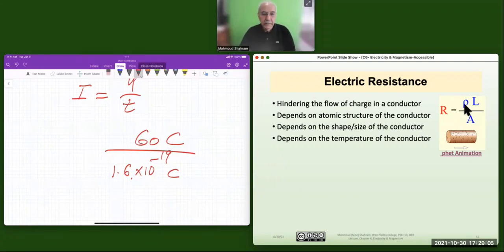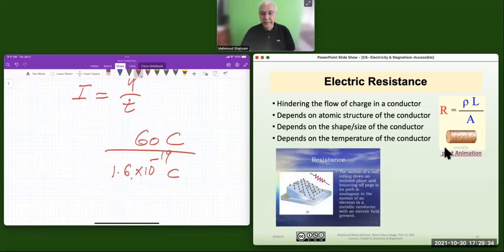Resistivity for silver is less than resistivity for aluminum, or less than resistivity for copper. Then the length of that conductor or wire, and the cross section of that, how thick it is. These are the factors that the resistance of that conductor depends on.